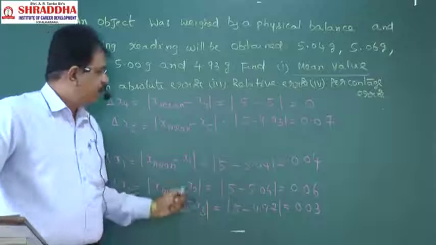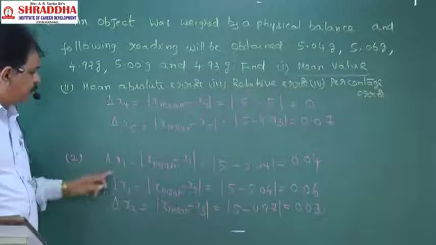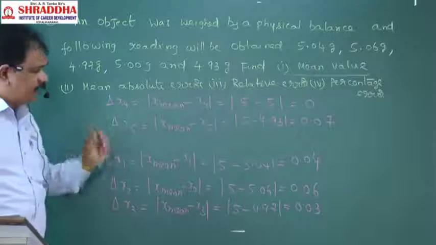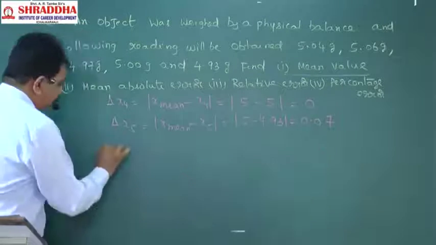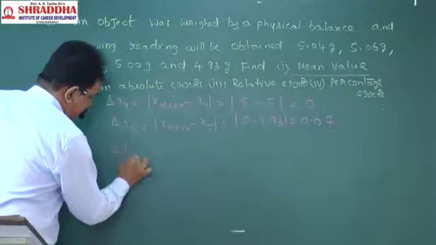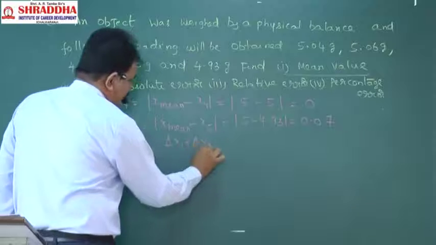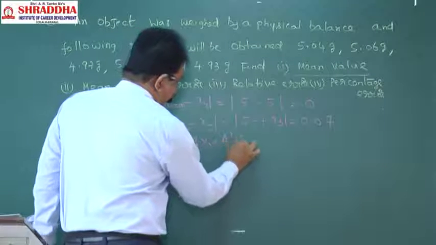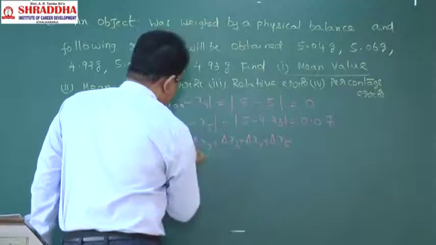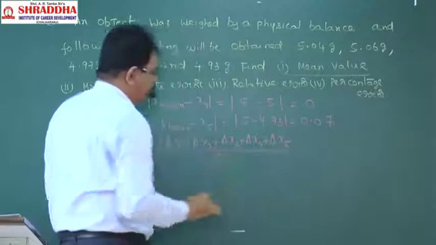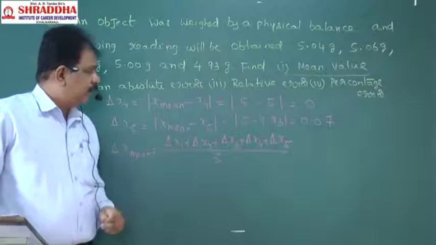Mean absolute error means you have to calculate the average of all of these. So delta x mean is delta x1 plus delta x2 plus delta x3 plus delta x4 plus delta x5, divided by 5.